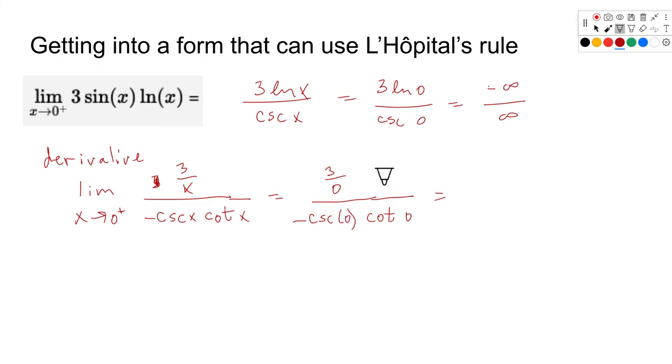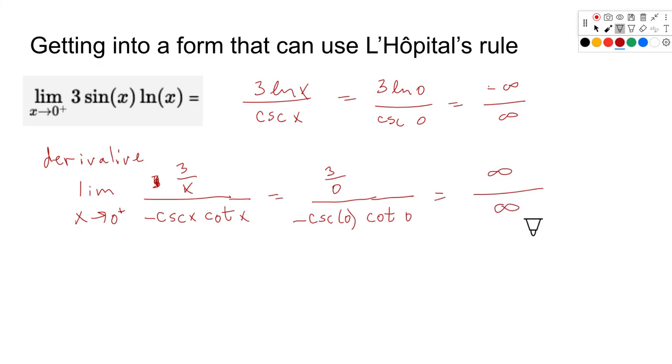Again, this is kind of not a nice way to write that. What's the denominator going to? I think we just looked at it: since we've still got the cosecant, cosecant of 0 goes to infinity as well. Cotangent of 0 is cosine over sine, so that's also going to infinity.